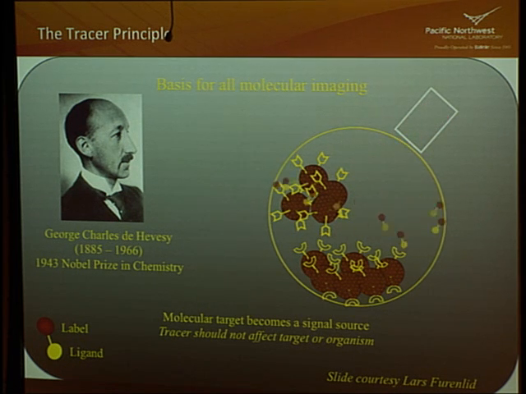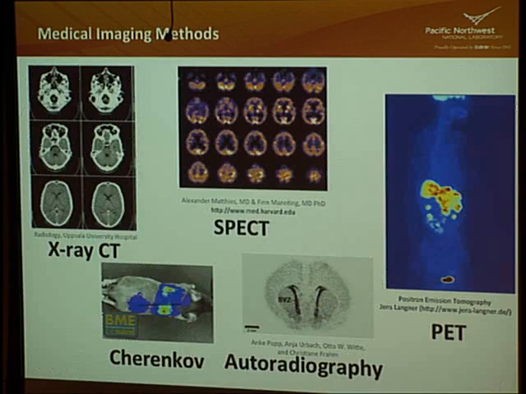That can then be injected. It will migrate to receptors on cells and then begin to emit photons. In contrast to X-ray imaging, where X-rays go through the body and produce an image of the attenuation of the X-rays through the patient, here you have the source inside of the body emitting radiation, and we can use that to image and understand the biological processes that are occurring.